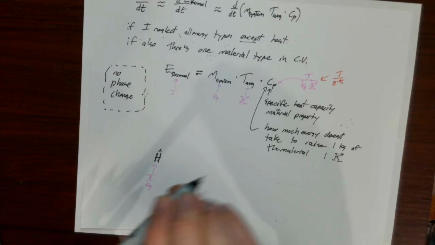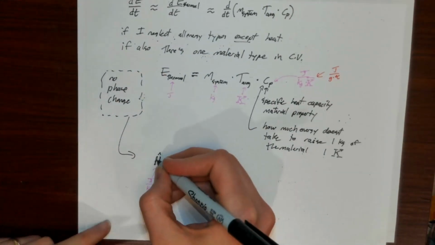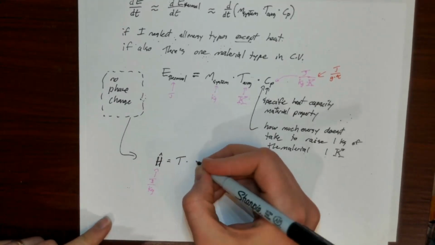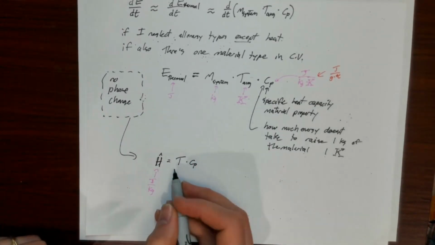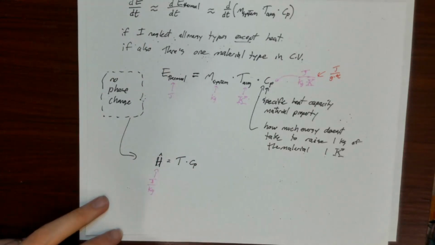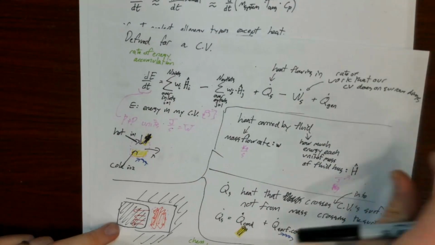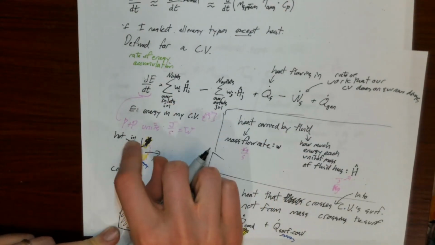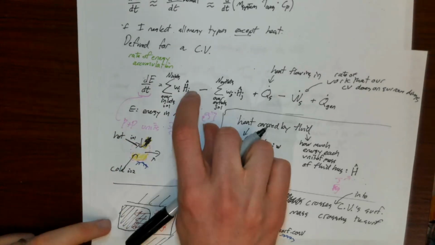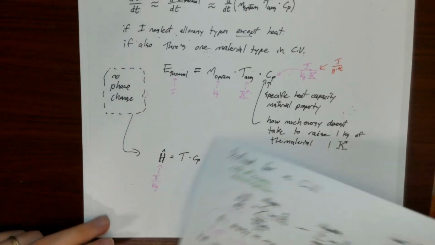So if I also do this no phase change assumption, this H hat is basically just the temperature times the specific heat of the fluid. So if I assume no phase change at the inlet, then the rate of thermal energy entering from one of the inlets is the mass flow rate times this H hat, where this H hat is just temperature times Cp.